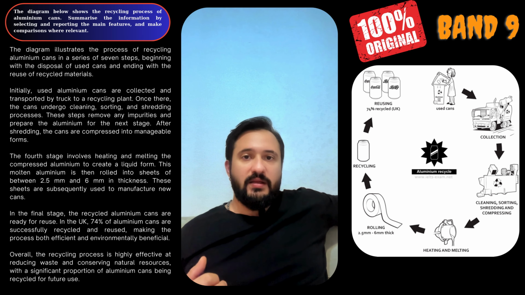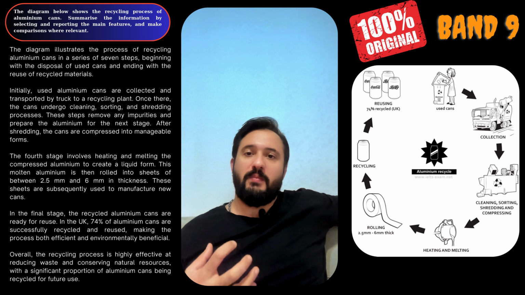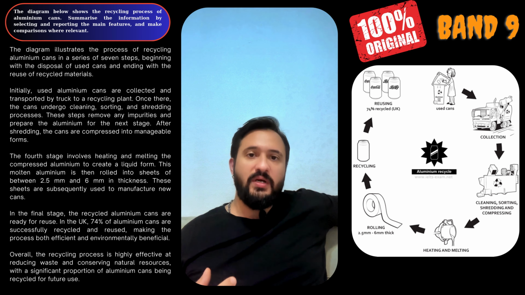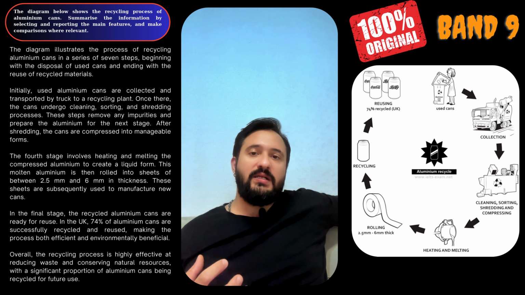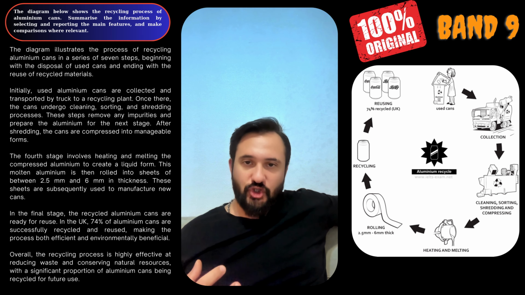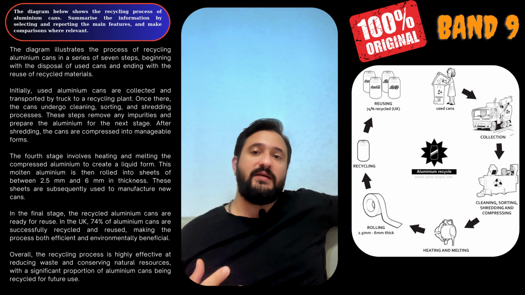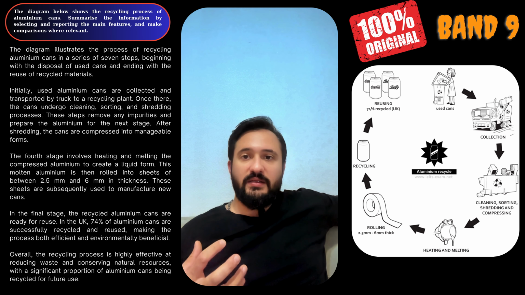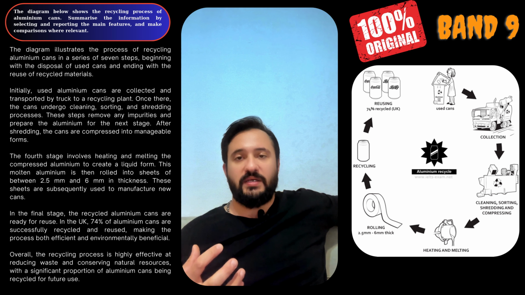After shredding, the cans are compressed into manageable forms. The fourth stage involves heating and melting the compressed aluminum to create a liquid form. This molten aluminum is then rolled into sheets of between 2.5 millimeter and 6 millimeter in thickness. These sheets are subsequently used to manufacture new cans.